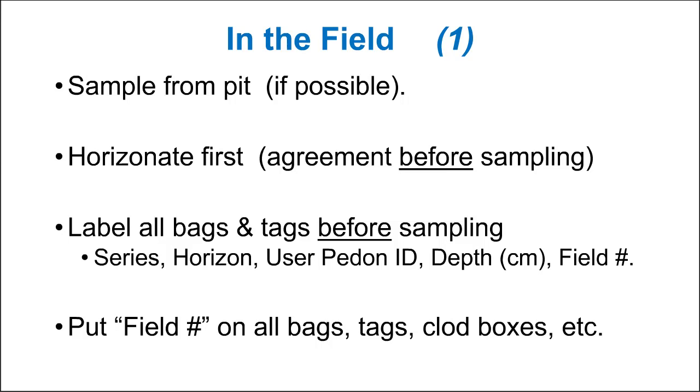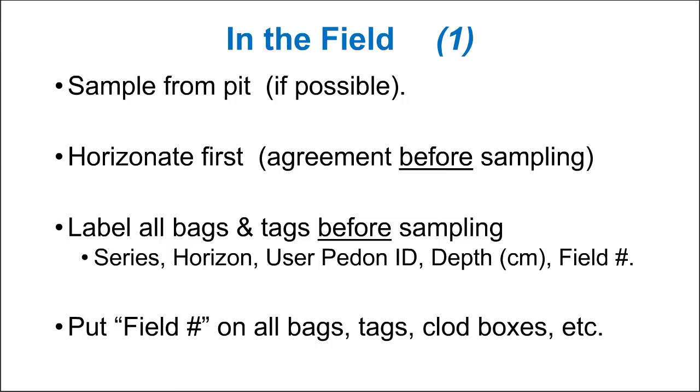The tag typically contains the series, the horizon, user pedon ID, the depth in centimeters, and the field number. And I'll make a couple of comments on that field number. What we're trying for here is 3 separate ways to identify every sample that's pulled out of the field, a bag, a clod, whatever. And that field number is one of them.